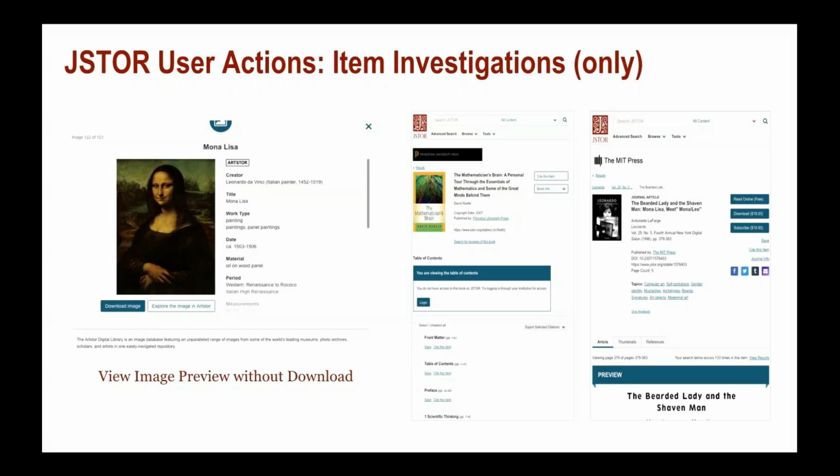Even though you can't download those chapters or view the full text of them, those also count as item investigations. They're actions in relation to the content item, kind of the spirit of what the investigation's about. You've got a user who is interested, is looking at something, but isn't able to access the full text.